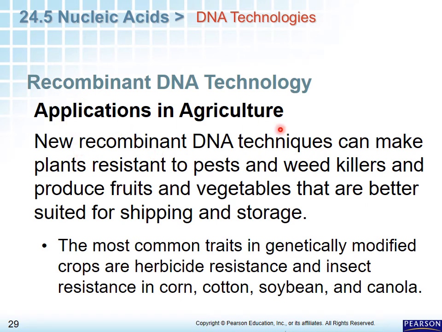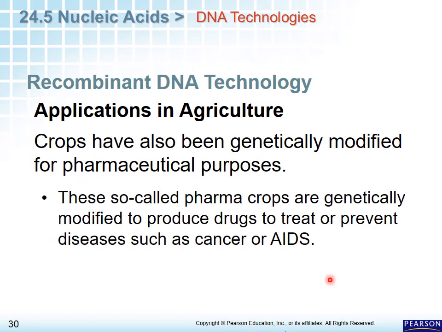Now, in agricultural applications, recombinant DNA technology can make plants resistant to pests and weed killer and produce fruits and vegetables that are better suited for shipping and storage. The most common traits in genetically modified crops are herbicide resistance and insect resistance in corn, cotton, soybean, and canola. Crops have also been genetically modified for pharmaceutical purposes.